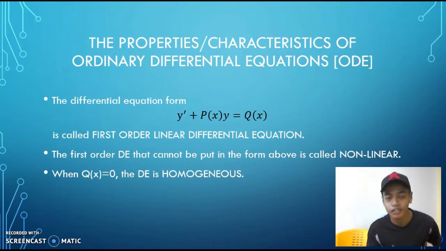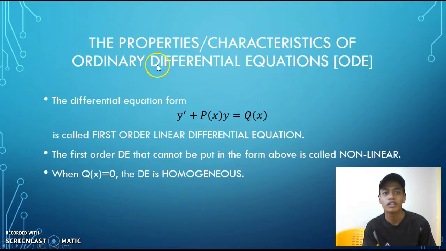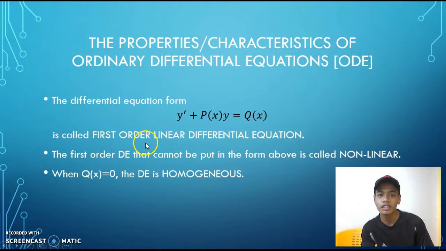Okay, for the second, the properties and characteristics of ordinary differential equation, or ODE. The differential equation form y prime plus p(x)y equal to q(x) is called the first order linear differential equation.